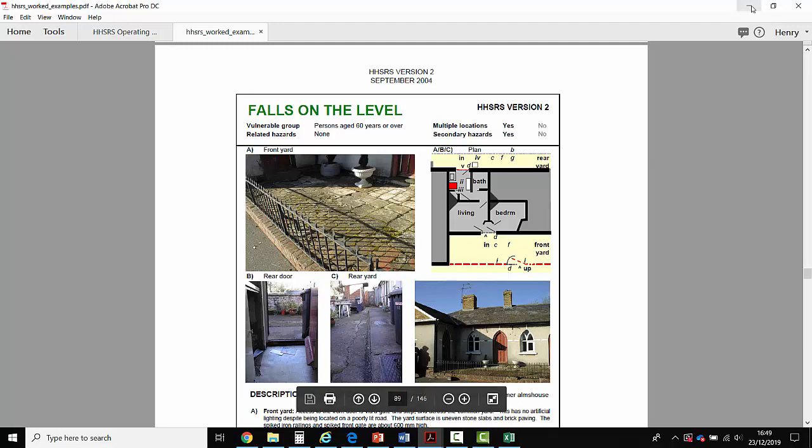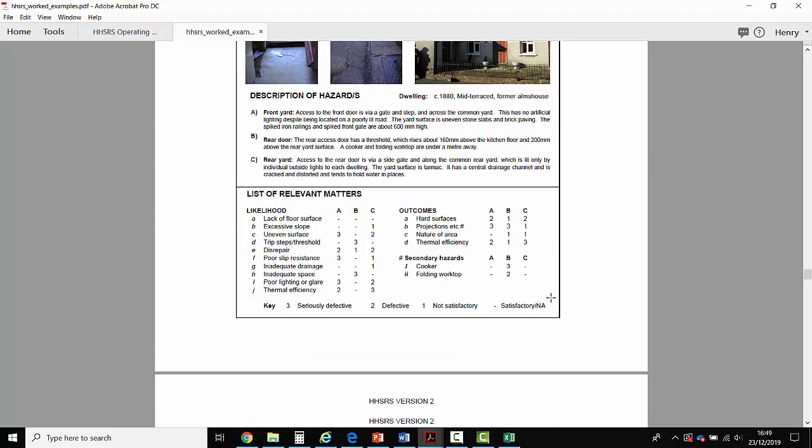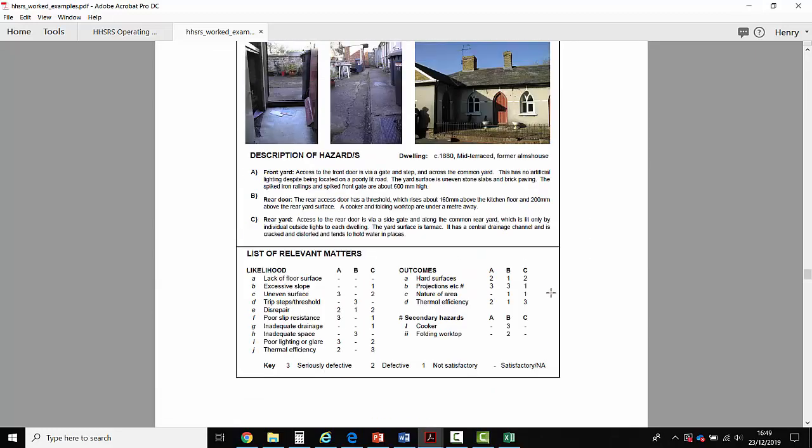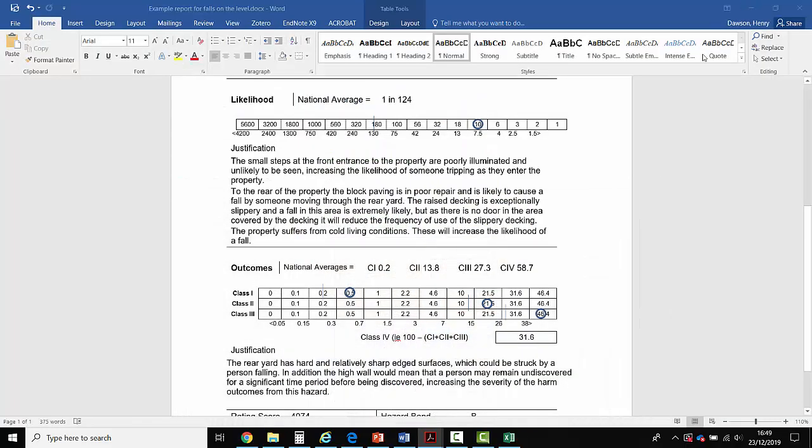And so we thought the chances of a fall in our property were possibly a little more likely because of that slippery decking, particularly, and so we gave ours a 1 in 10. So we've got to justify that. We're not justifying it based on that worked example. They're just helpful to give you a steer on the scores. We have to justify it based on what we found in the deficiencies.